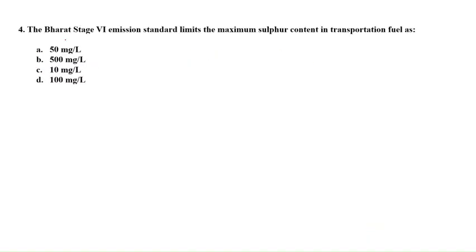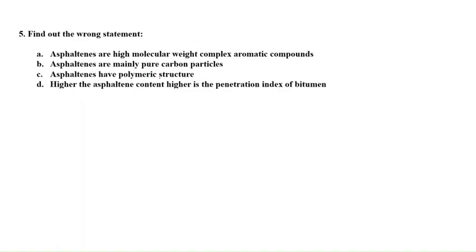Question number four, the Bharat Stage 6 emission standards limit the maximum sulfur content in transportation fuels, as I told, it is 10 mg per liter. That is 10 mg per 1000 ml, that is 10 ppm. Fifth question, find out the wrong statement.